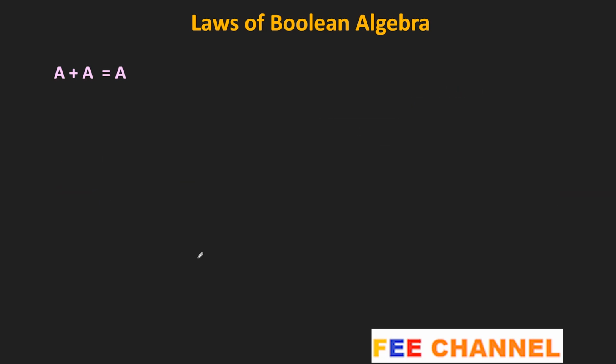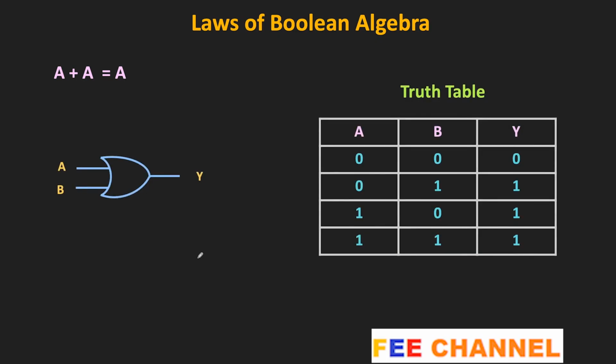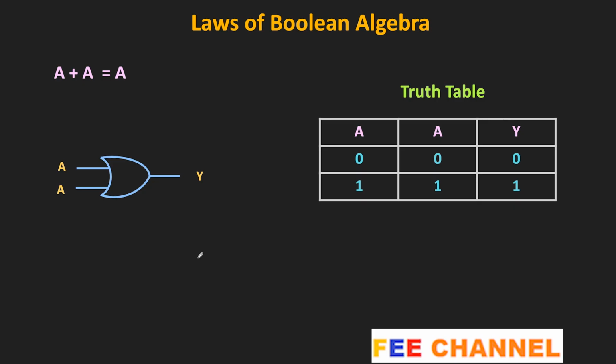Then the next is, A plus A equals A. That means during the OR operation, if both inputs are same, then the output is same as the input. And it is even valid for more than two inputs. So, to prove that, once again let's see the truth table of the two-input OR gate. In this case, B is also equal to A. So, for the input A, there are only two possibilities. When the input A is 0, then both inputs are 0, and in that case, the output Y is equal to 0.